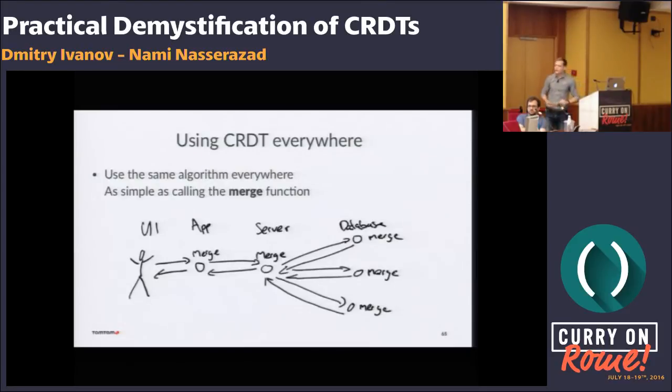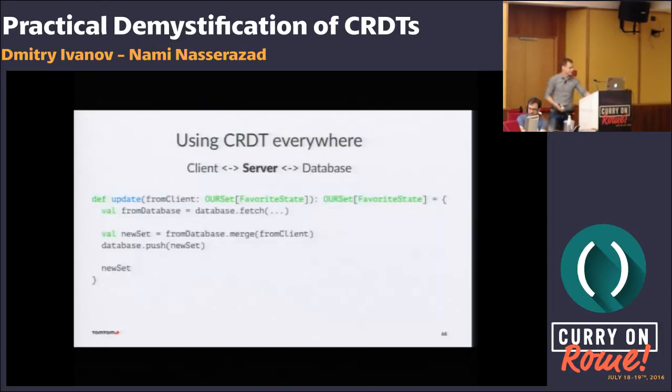So, okay, now we have this nice and shiny structure, as Nami explained, where we have CRDTs everywhere in different layers: in our SDK client, server, even the database layer. The model basically is that in all the layers, you operate with this merge function when you receive, let's say, updates from other layers. And then if you want to send something, you just need to calculate a diff and send that. It's a pretty unified model to think of, to reason about, and also to program.